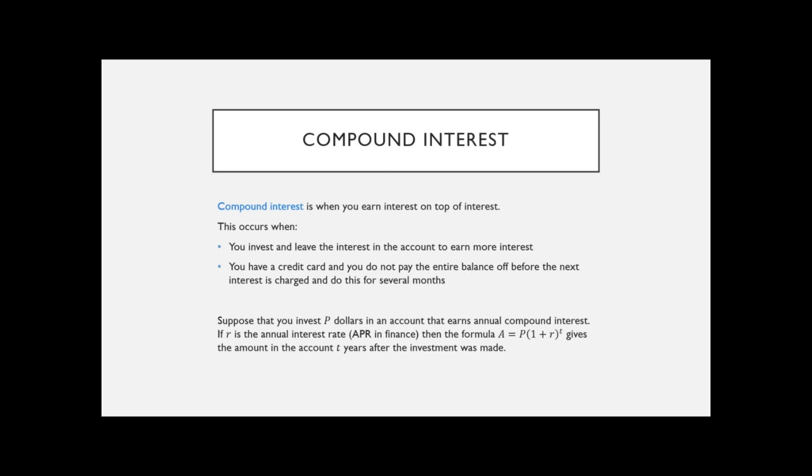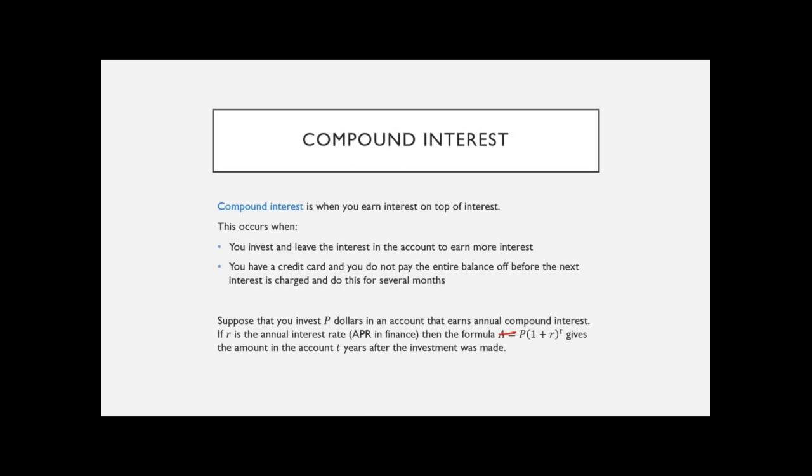This formula came up in the review chapter when we were just talking about exponents and plugging in numbers, but now we're going to be doing more complicated stuff with it. I'm going to highlight the formula here for compound interest.